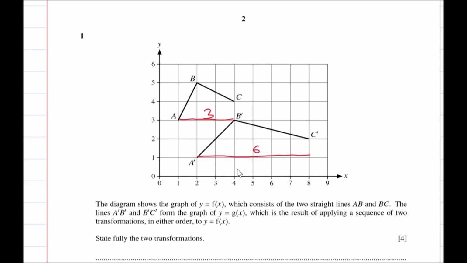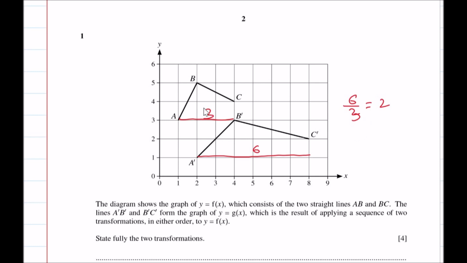So it is 6 units. So it has been doubled. What does it mean? There is a horizontal stretch by a scale factor. How do we find the scale factor? 6 divided by 3, that is equal to 2. So there is a horizontal stretch by a scale factor 2.